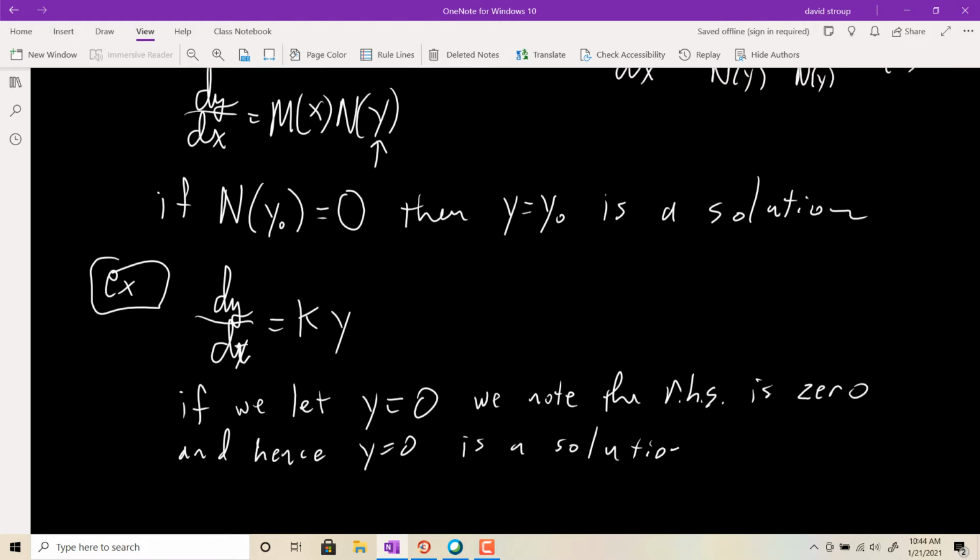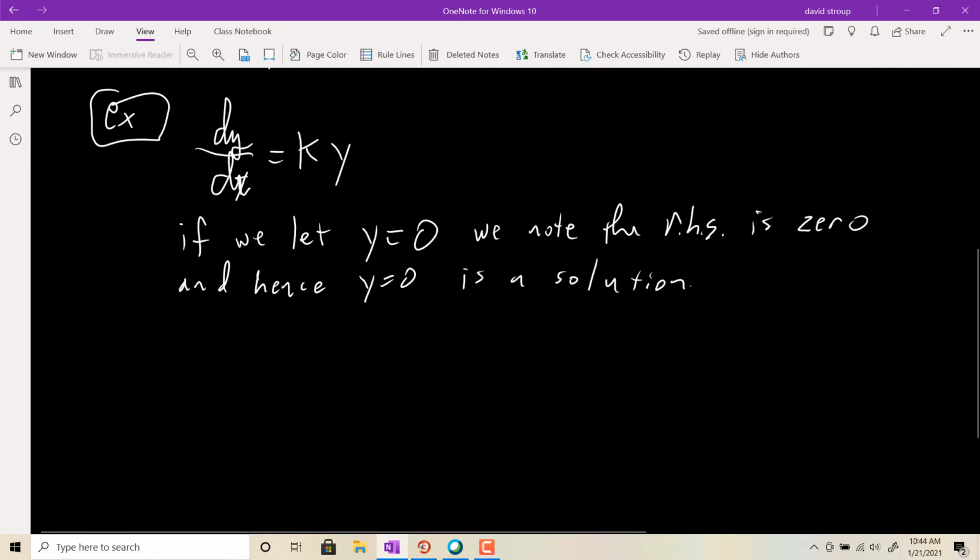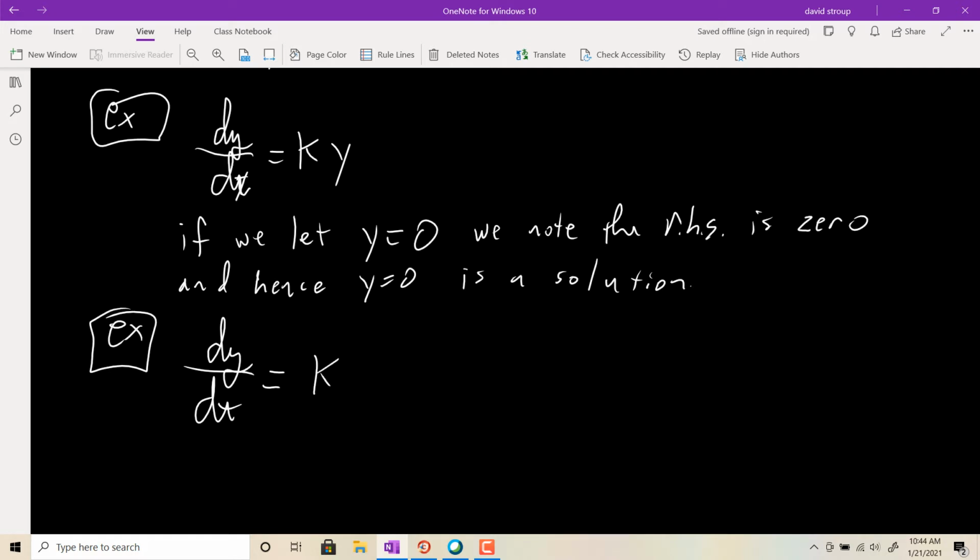Putting it more into the kind of illustration I was presenting above, you may see something like k minus y times x squared. Clearly here is my function of y, and here is my function of x. What is a solution?